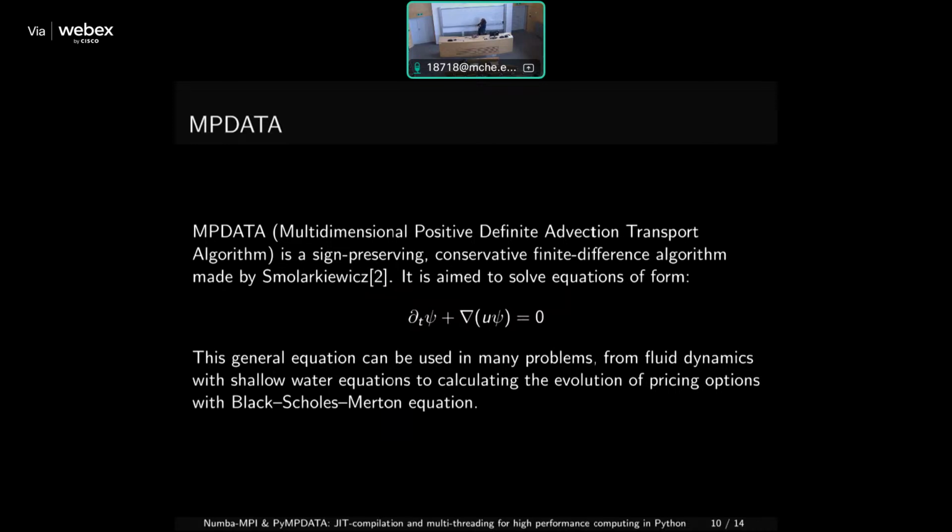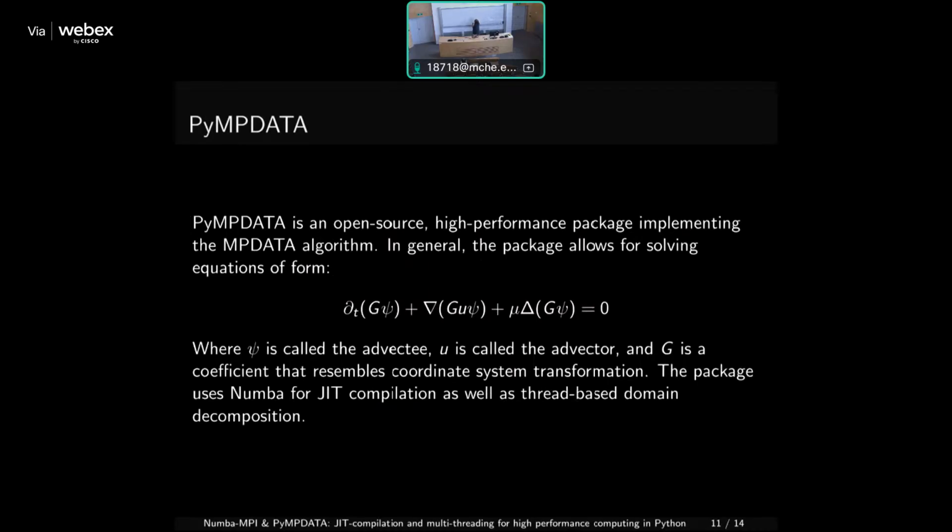I will not be going into much detail other than that a lot of problems in math and physics can be reduced to this equation, so it's very handy. And PyMPDATA implements this equation along with this little diffusion term, which is visible here, heavily relying on Numba for performance.